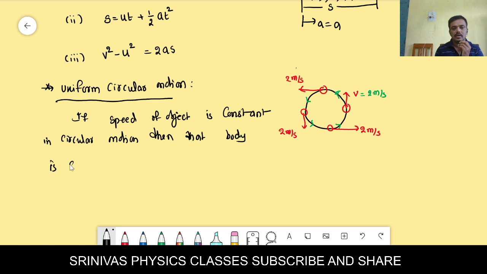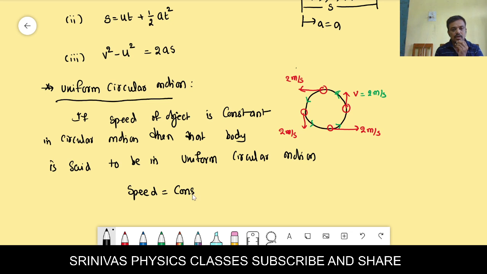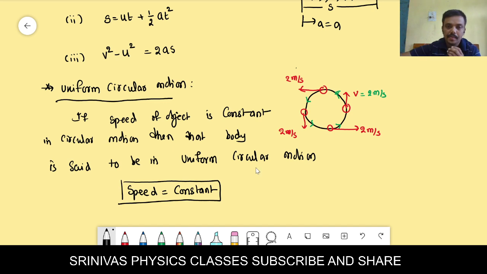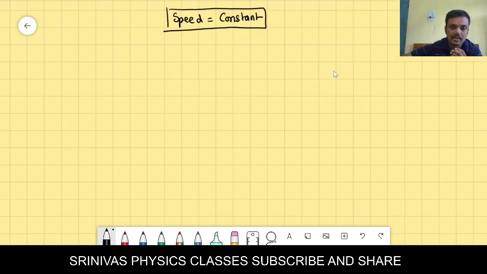What is the condition for uniform circular motion? Speed should be constant. Then we say that the object is in uniform circular motion. Okay, next, let us discuss a few graphs.